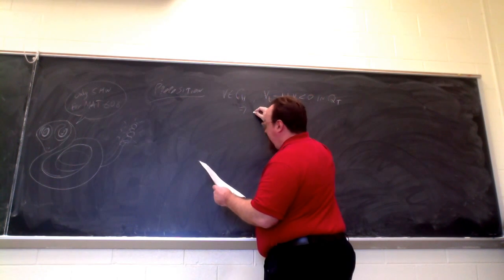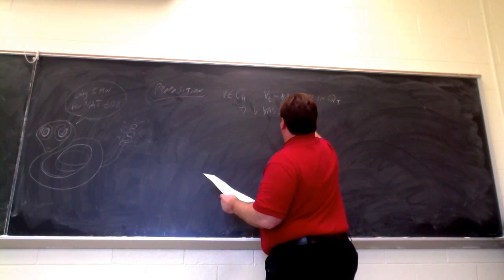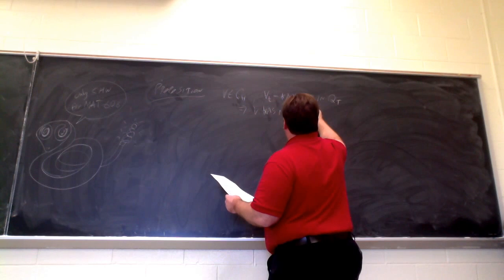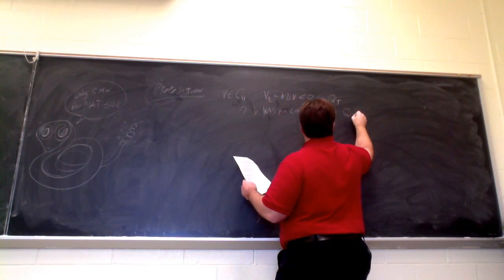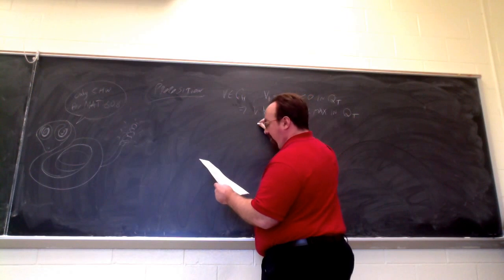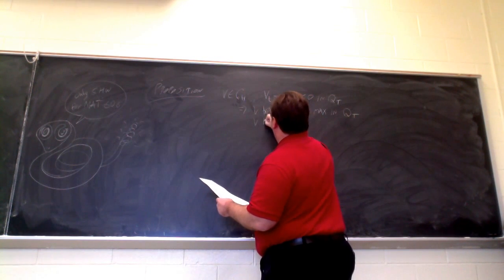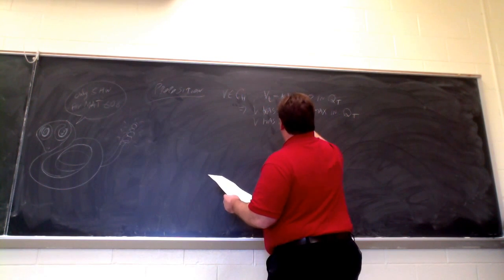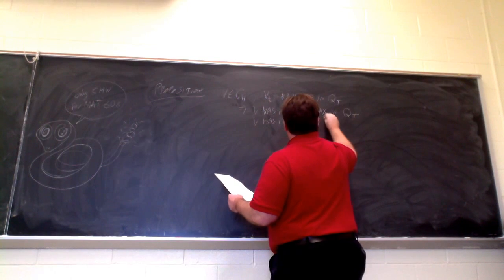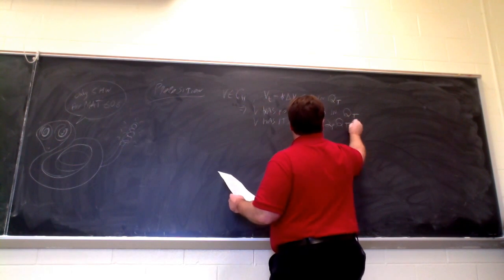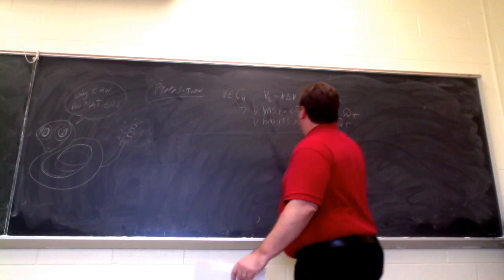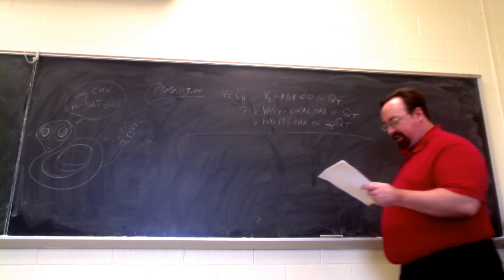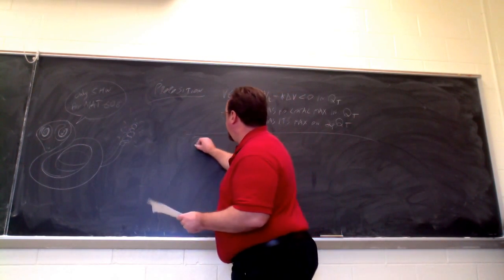Then we can say that v has no local maximum in the interior of Qt. And v has its maximum on the parabolic boundary of Qt. All right, so now go ahead and prove this by contradiction.